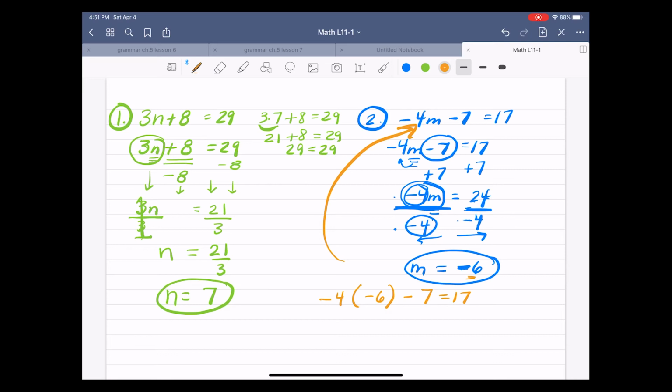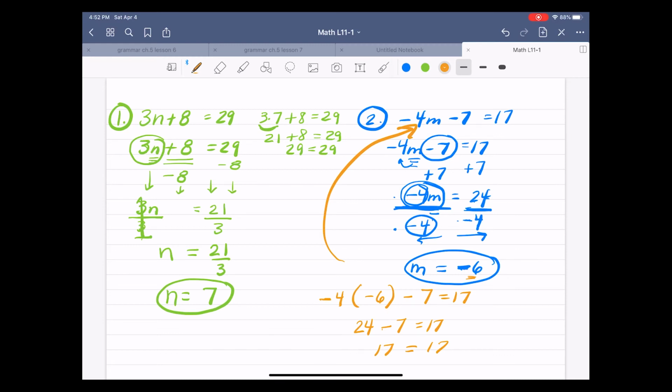Let's see if it's right. Negative 4 times negative 6 is going to be 24. Minus 7 equals 17. 24 minus 7, guess what? It's 17. 17 does equal 17.